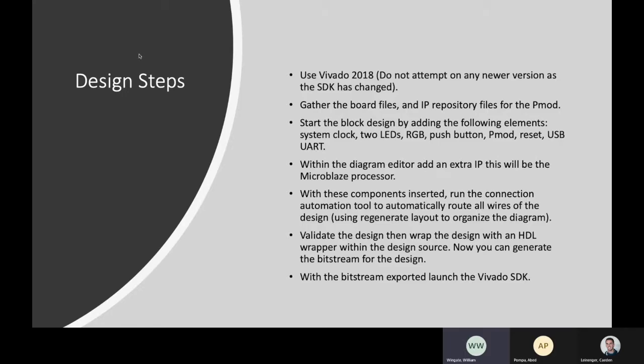Then we'll validate the design, wrap the design with an HDL wrapper within the sources, and then generate the bitstream for the design. With the bitstream exported, we'll launch the SDK tool.